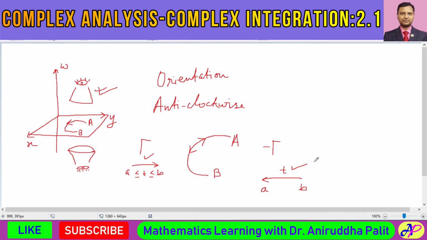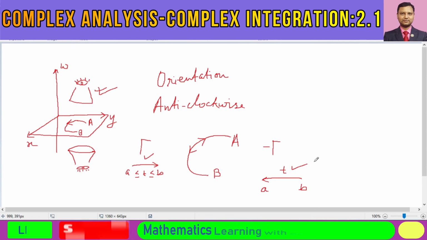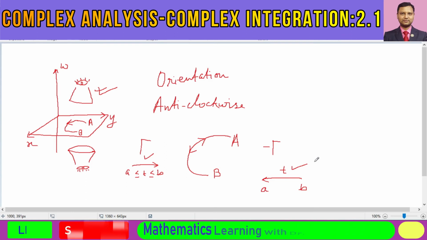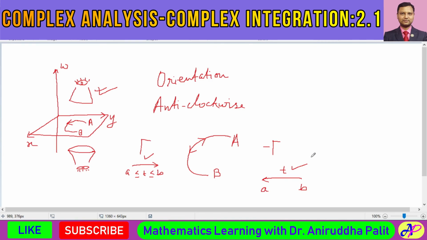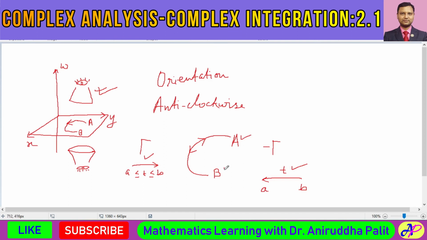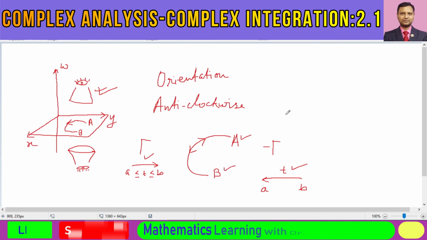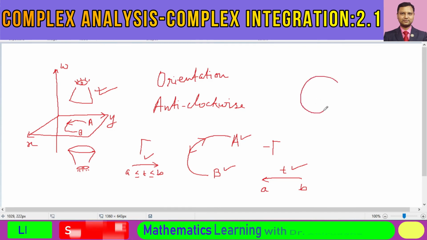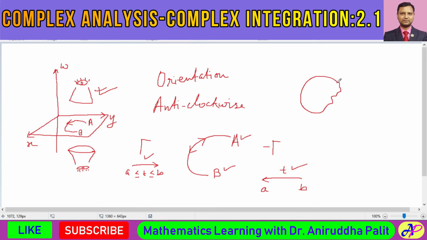Okay, and along with this notation, you need to remember that if the initial point capital A and the final point capital B become the same, that means the starting point and the finishing point become the same, say this is the point capital A and this is equal to the final point capital B, then such curves are called closed.